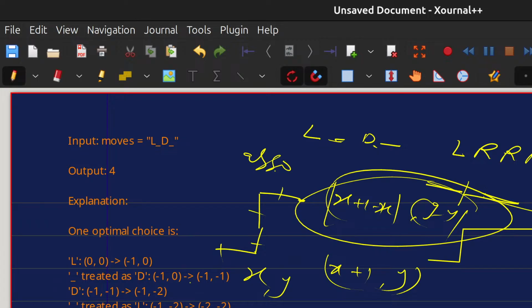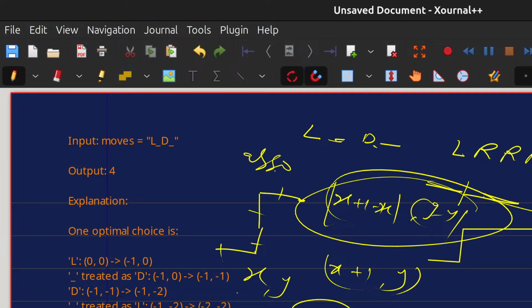Okay, then down. So when I finally reach the end of the string, then I can do that. So from the origin, wherever I am, I can find the absolute difference.